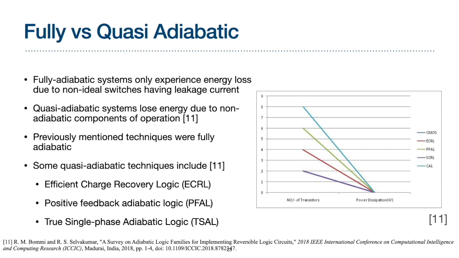The figure to the right here compares a couple of different adiabatic approaches and quasi-adiabatic approaches to sort of illustrate in a general sense how they compare to each other in terms of energy loss. When looking at that figure, you might be able to realize that SCRL, our fully adiabatic approach, does significantly better than the quasi-adiabatic approaches also listed in that figure.